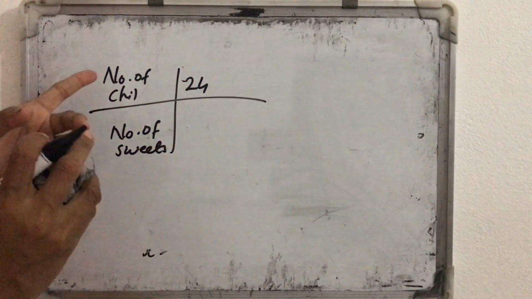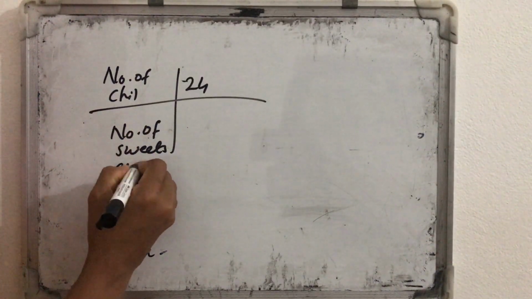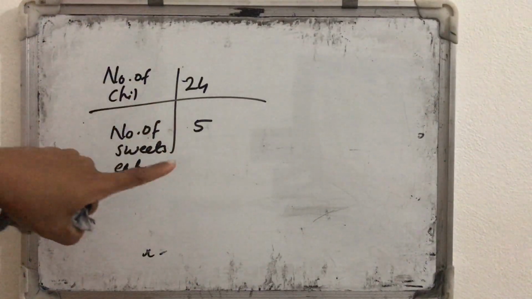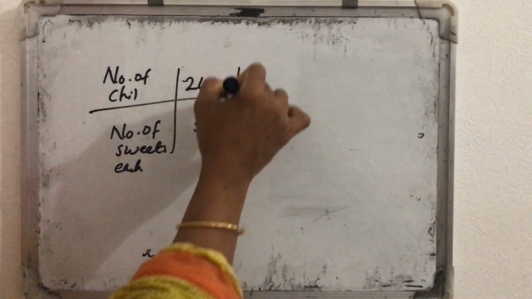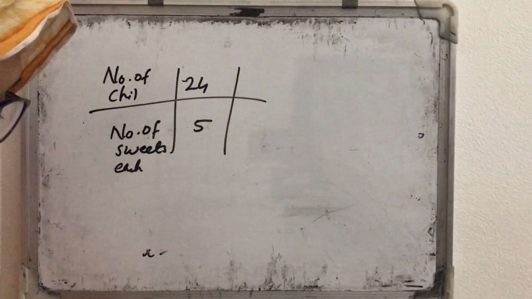So if the number of children is 24, each one gets how many? 5.